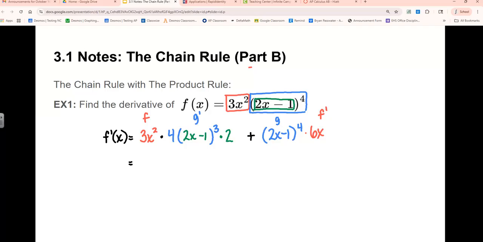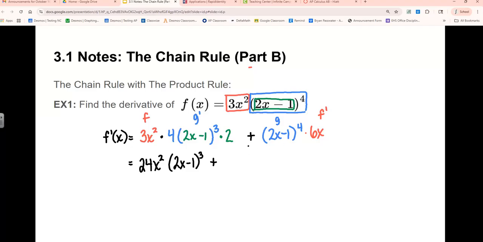So, they're going to simplify this here if it's multiple choice. If it's free response, technically you can stop here. But all of this stuff is multiplied together. You got a 3x squared, you got a 4, you got a 2 over here on the end. You can put all of those things together. So 3x squared times 4 times 2 is going to be 24x squared, and then 2x minus 1 to the 3rd power.